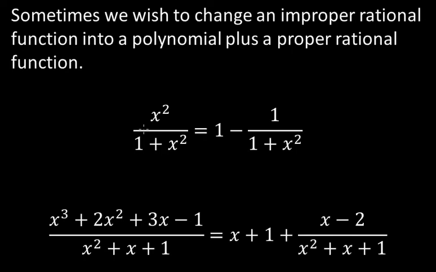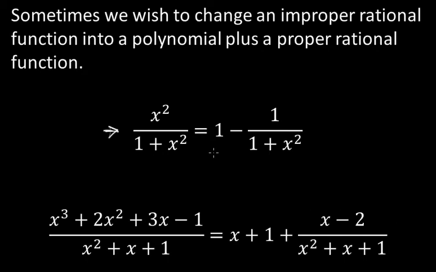Here's two examples of rational functions that are not proper. Notice the first example here is x squared over 1 plus x squared. The degree of the numerator is 2 and the degree of the denominator polynomial is also 2. So it is not proper, and it can be written this way.